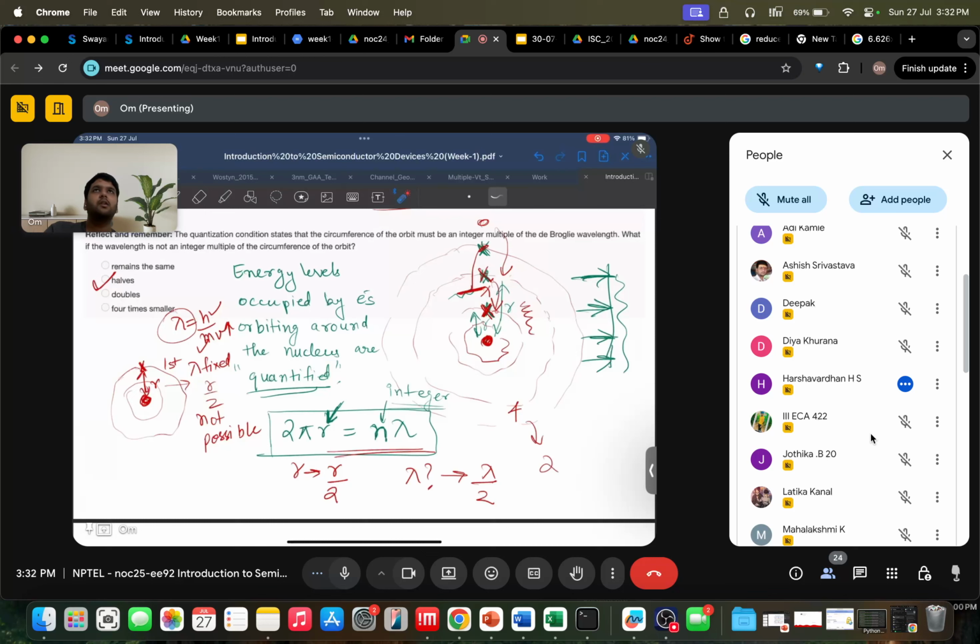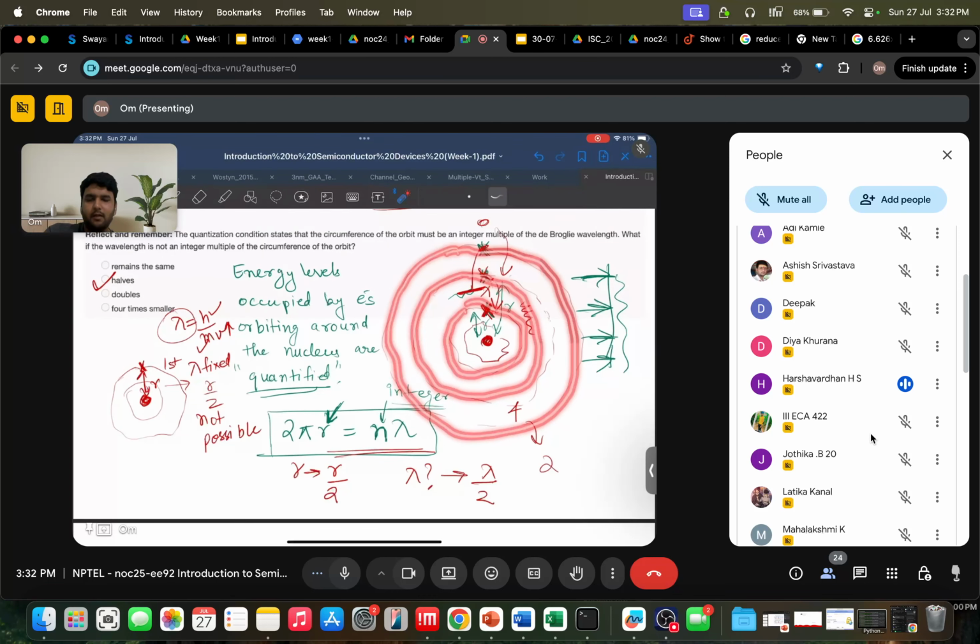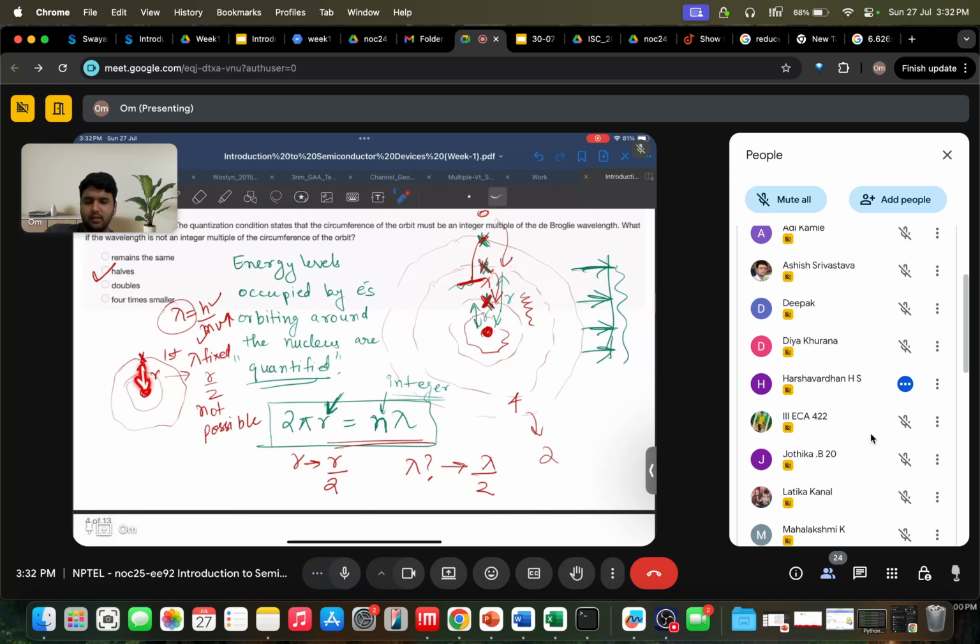Your other question is whether this matters with the number of electrons. No, because this is again a standard rule. No matter the number of electrons, they will always take these fixed quantized radii. Yes, sir, but their position may change according to the number of protons and neutrons in the nucleus.